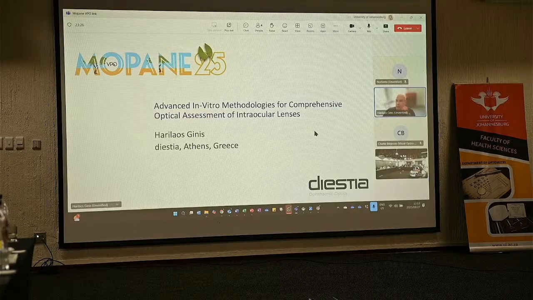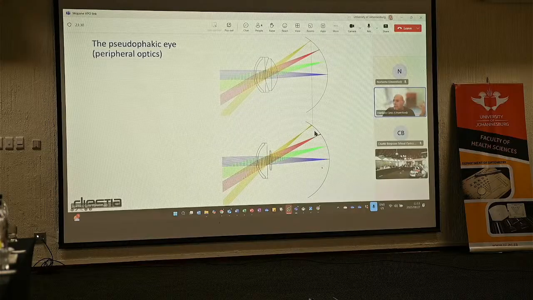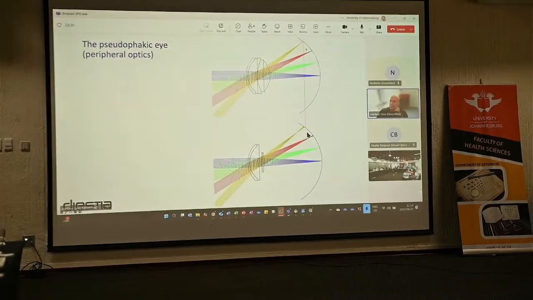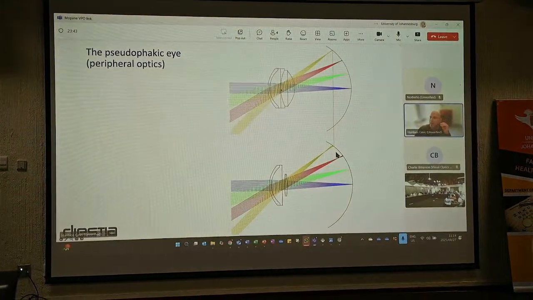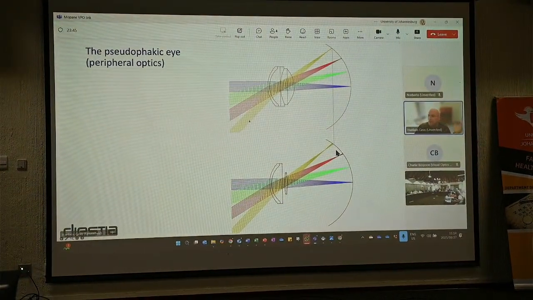If you see the natural lens, we have a pretty good image quality across the visual field. We have curvature following more or less the curvature of the retina. We have some particular mapping between the outside world and the retinal location.